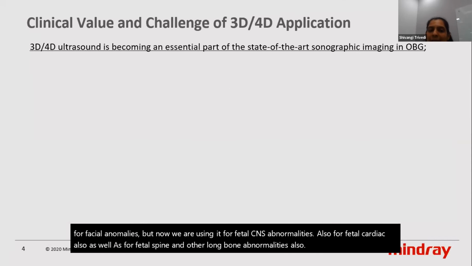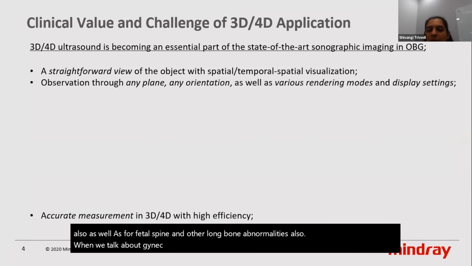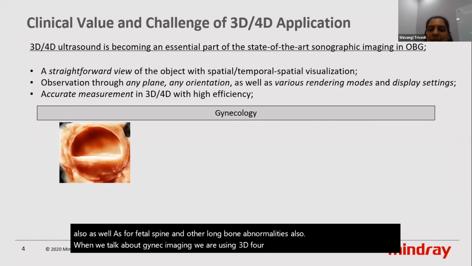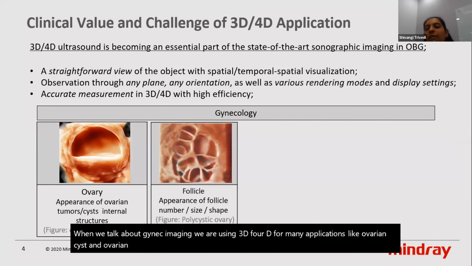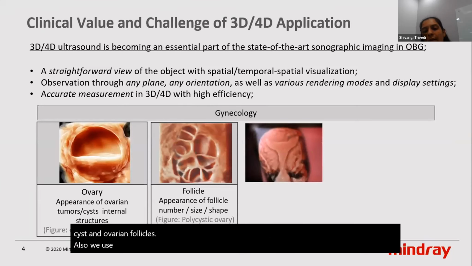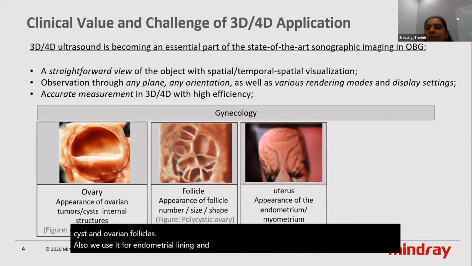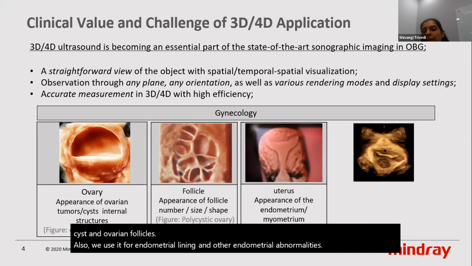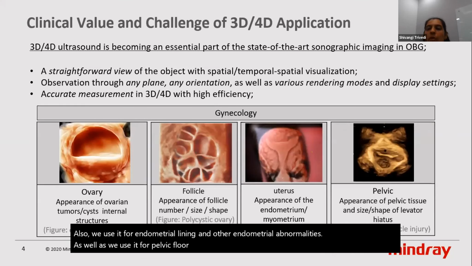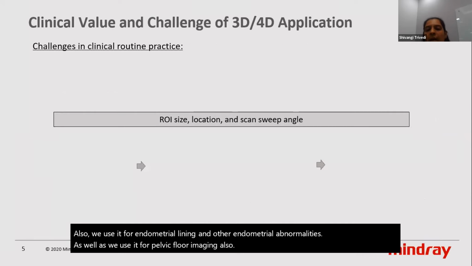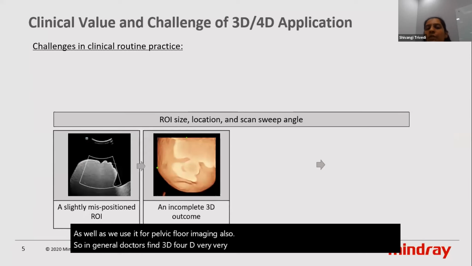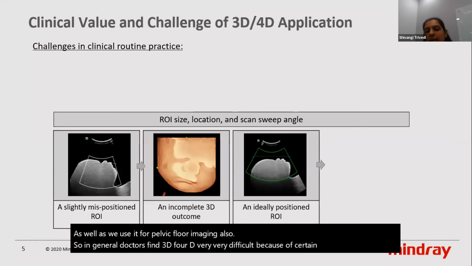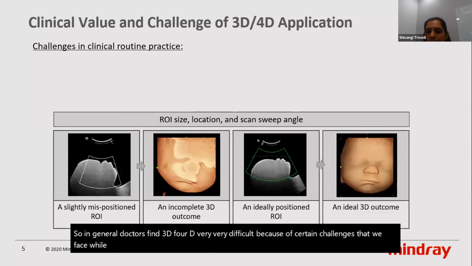When we talk about gynec imaging, we are using 3D 4D for many applications like ovarian cysts and ovarian follicles. Also, we use it for endometrial lining and other endometrial abnormalities, as well as for pelvic floor imaging. In general, doctors find 3D 4D very difficult because of certain challenges while acquiring it.